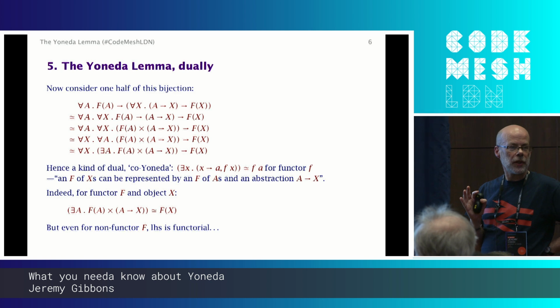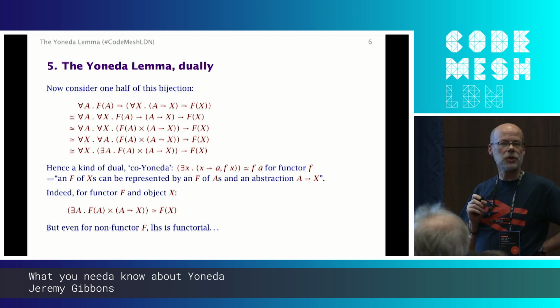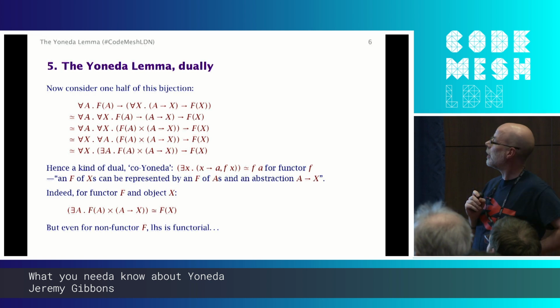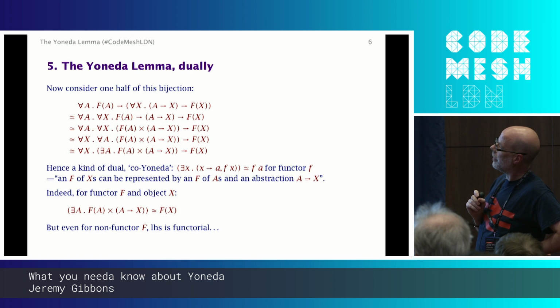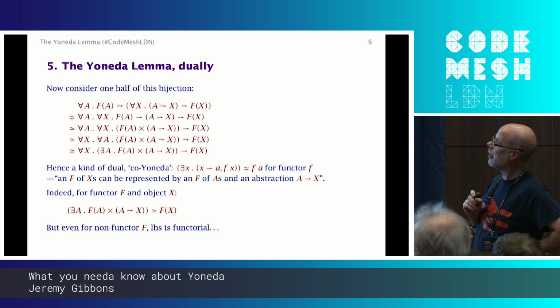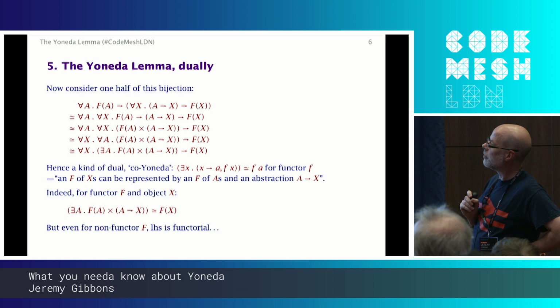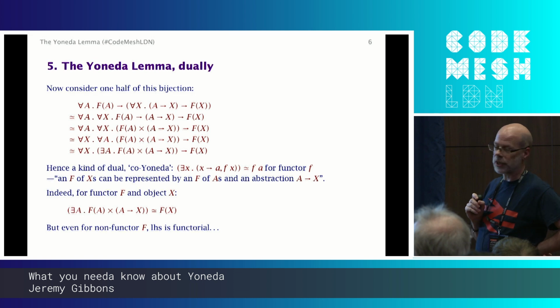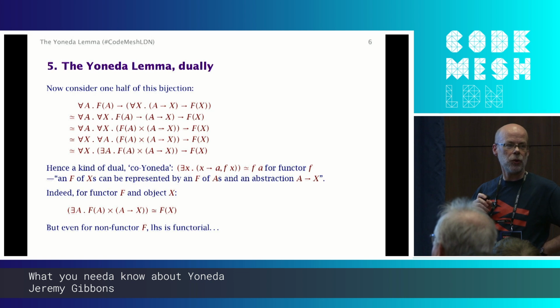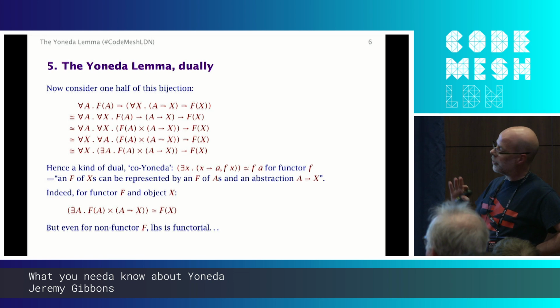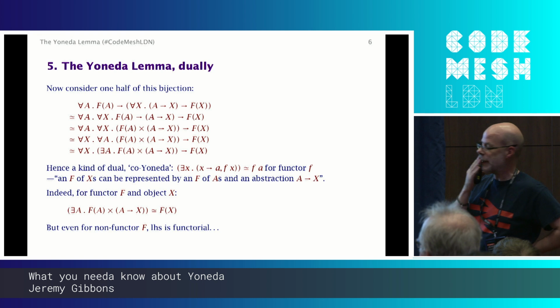That's a type, and that type is equivalent to various other types using simple isomorphisms of types. So the first one is moving a quantifier, the second one is uncurrying, the third one is swapping two quantifiers, and the fourth one is turning a for all into an exists on the left-hand side of an arrow. Those are all straightforward operations. If you don't follow the operations, it doesn't matter so much.